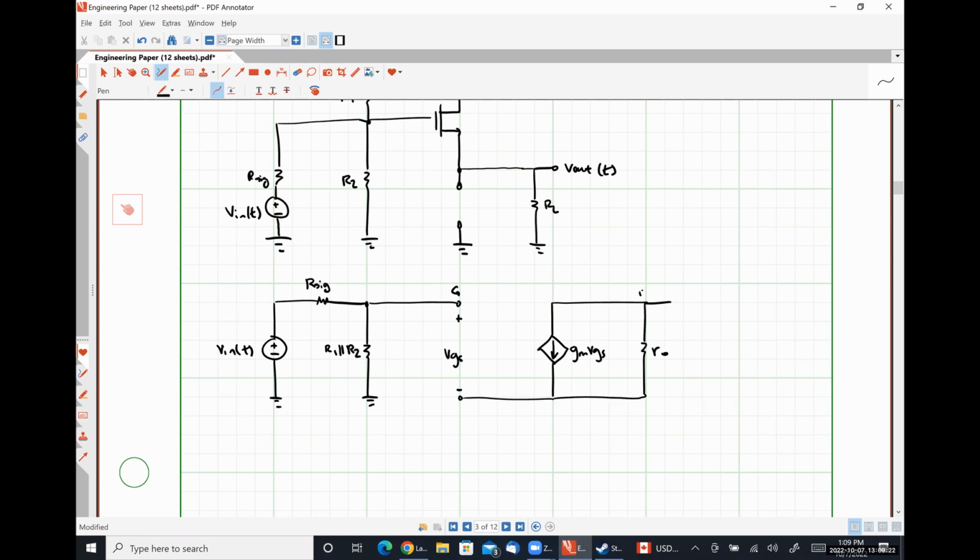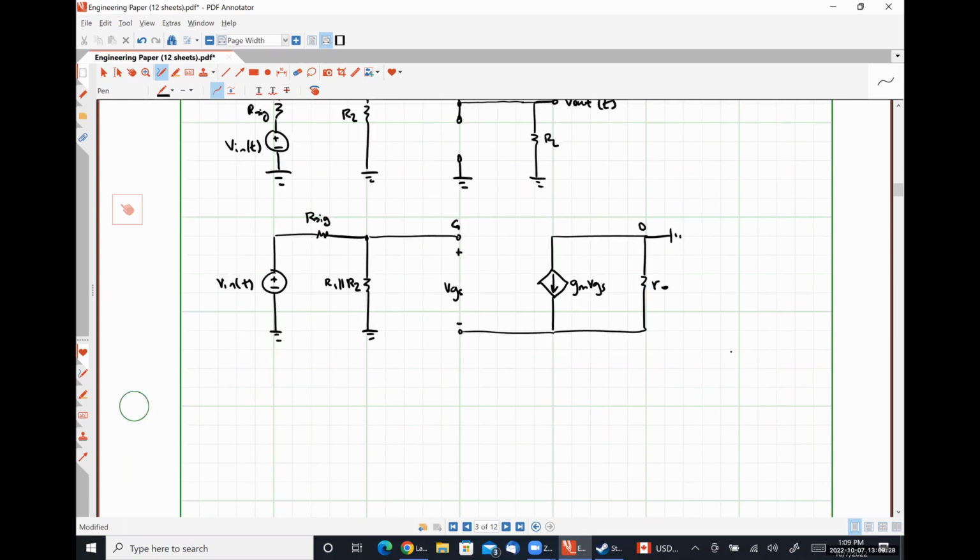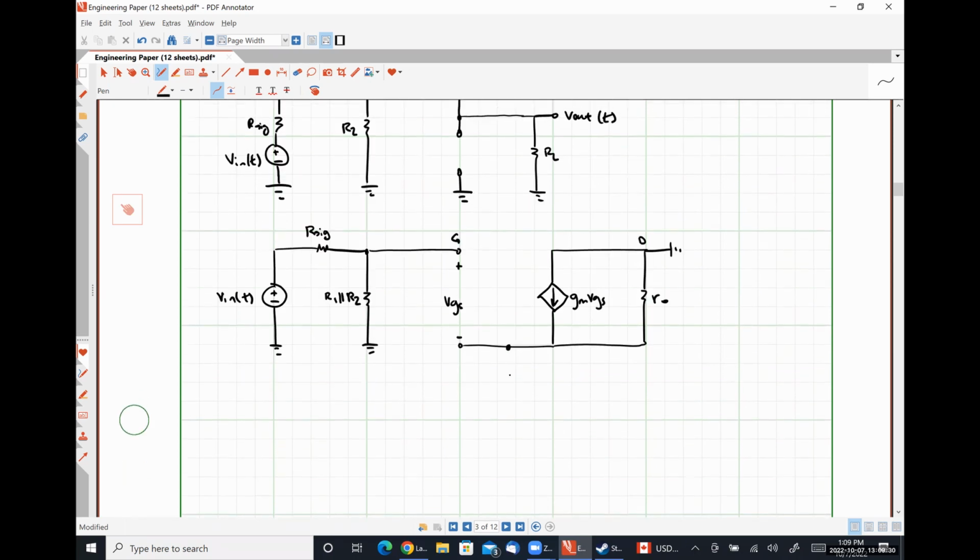My drain terminal is ground because it was a DC voltage. And then here's the load resistance RL that I'm trying to drive. And this right here is our output voltage.